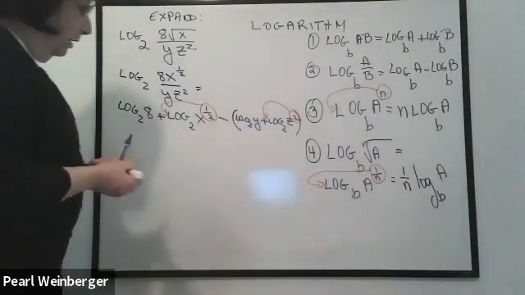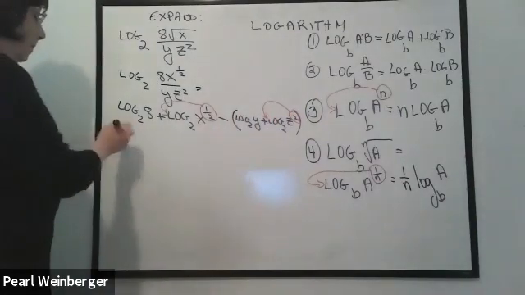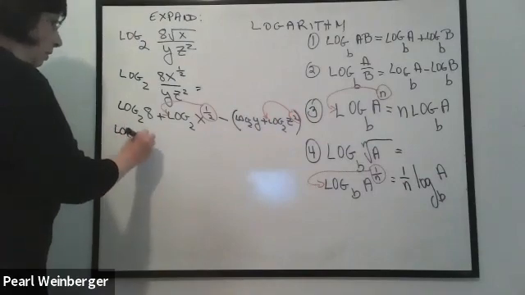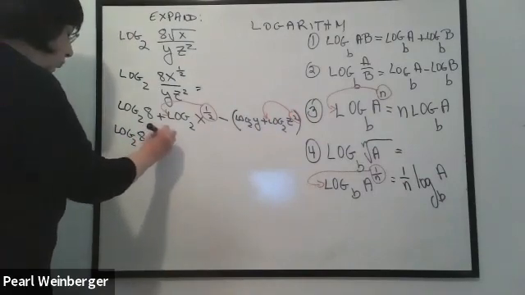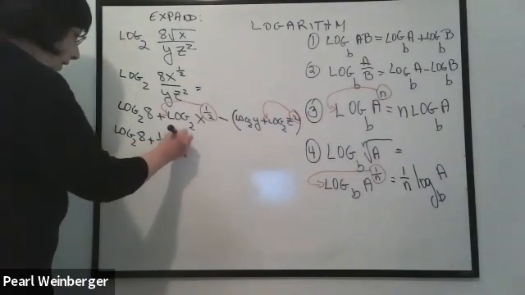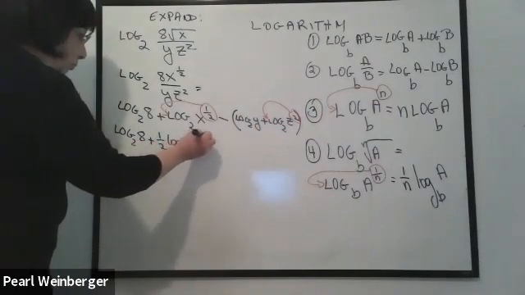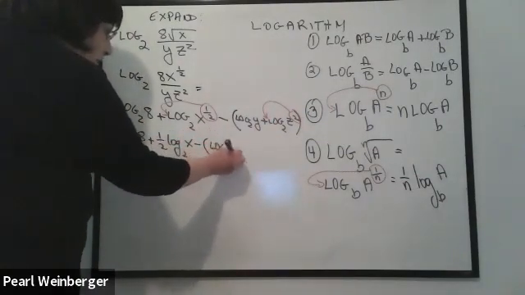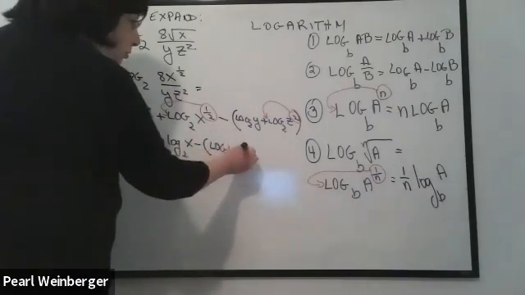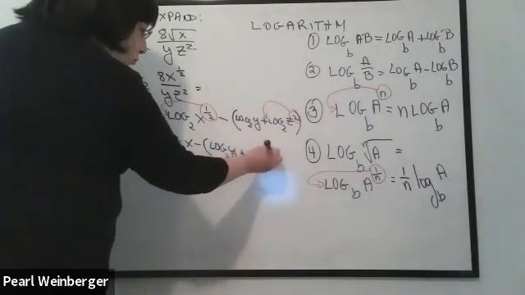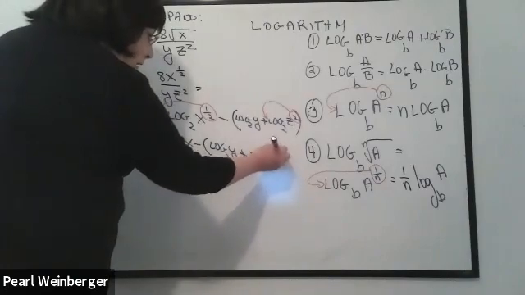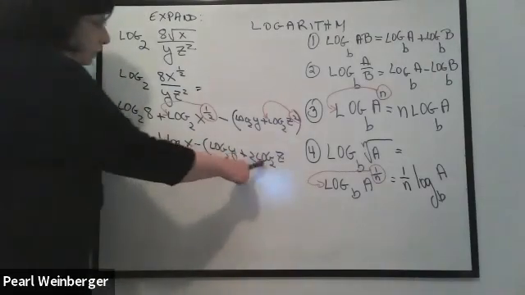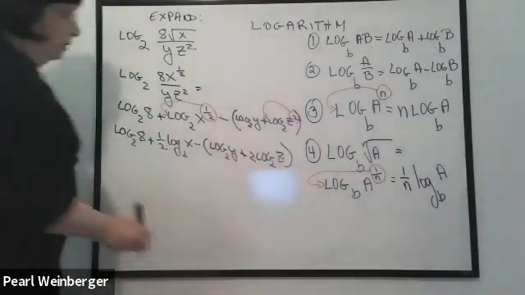So the next step gives me log base 2 of 8 plus 1/2 log base 2 of x minus parentheses log base 2 of y plus 2 log base 2 of z. Notice I keep writing the word log base 2, log base 2, log base 2, log base 2. Of course, I have to close that parentheses.